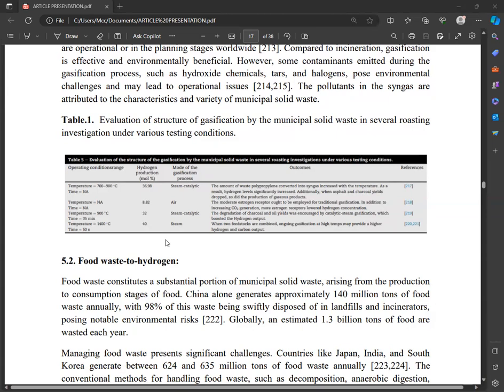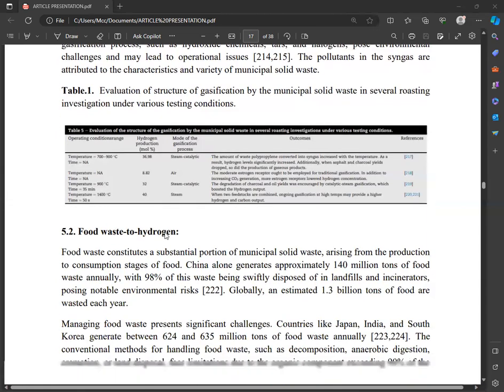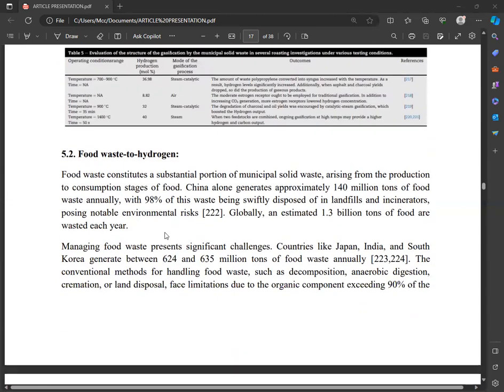At 900 degrees Celsius, the steam catalytic with air gasification process produces 32.8% hydrogen. And at 850 degrees Celsius, the steam catalytic and air mode of gasification process produces 40% hydrogen.